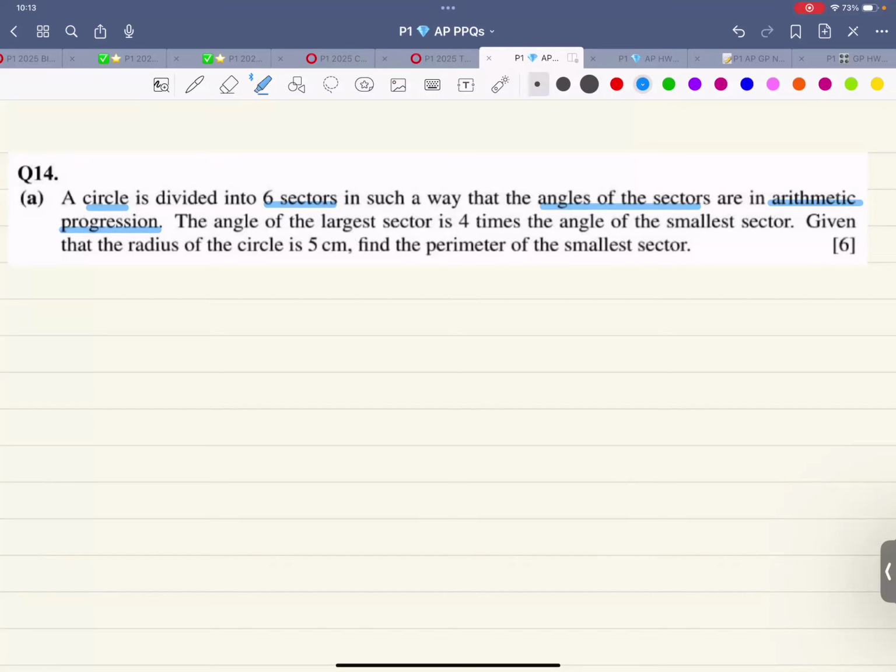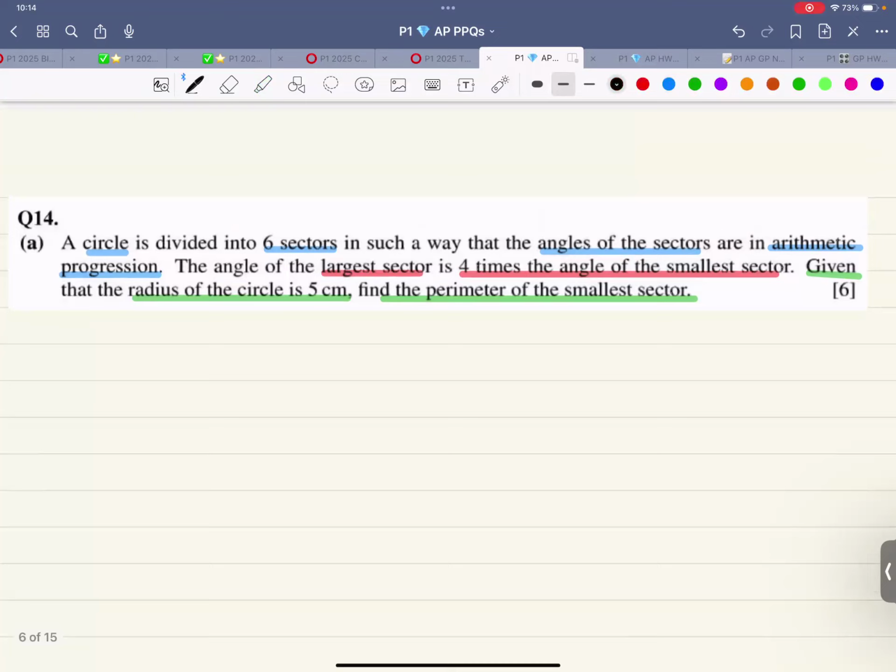The angle of the largest sector is 4 times the angle of the smallest sector. And then it is further given that the radius of the circle is 5. Find the perimeter of the smallest sector.